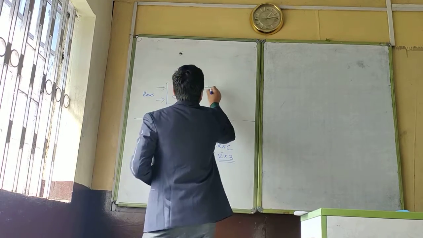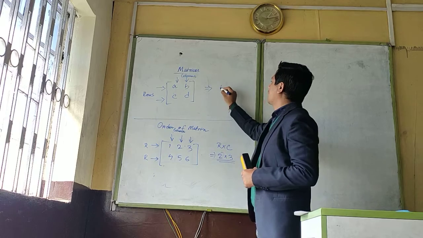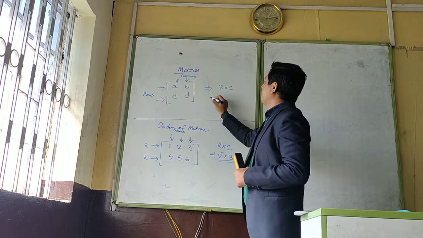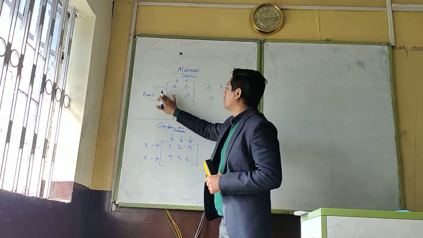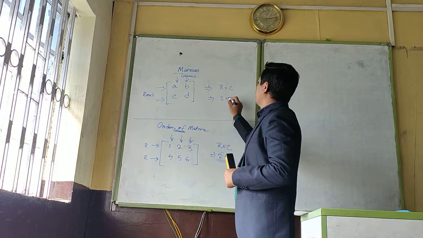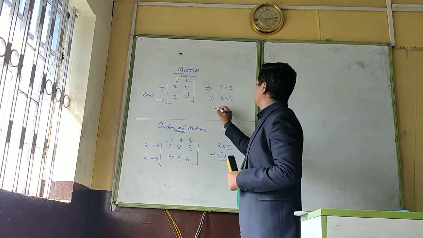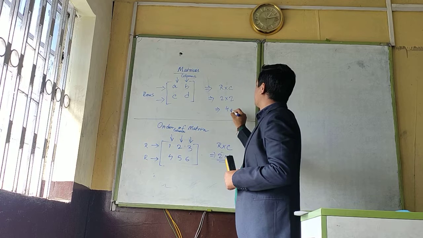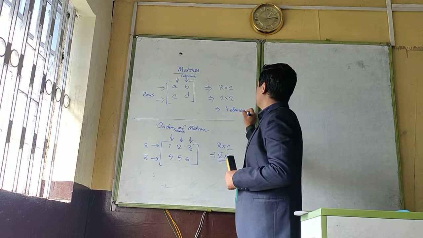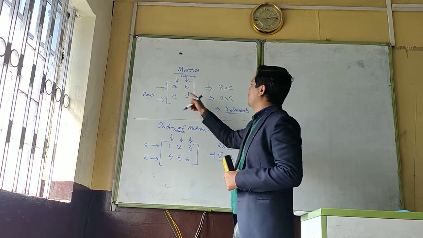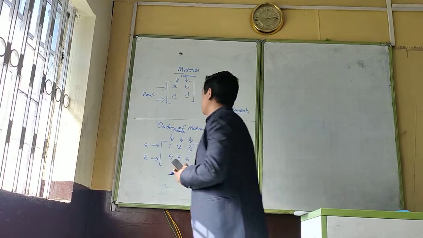The same formula we are going to use, R into C, and we find the product. Out here we have 2 rows and 2 columns as well. So the total number of elements present inside this matrix will be 4. We can see it: 1, 2, 3, 4.